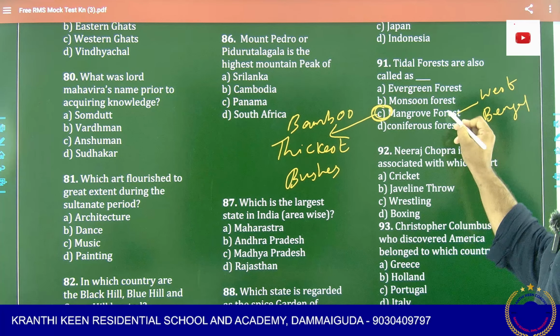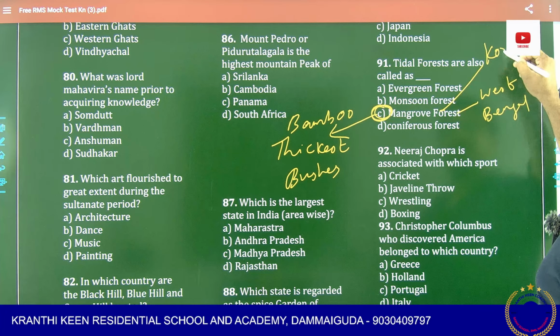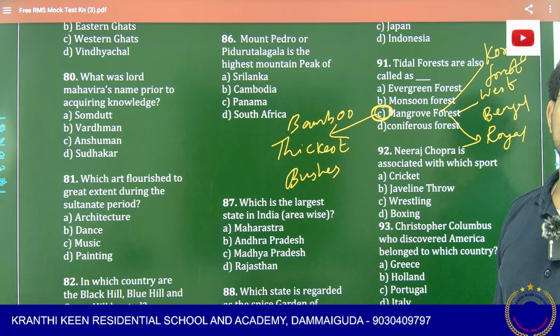This is the Koringa forest. In our Telugu states, only Koringa forests are mangrove forests. It is one of the tourist places in Andhra Pradesh. Next, our national pride, the national animal, the Royal Bengal tiger, is found in West Bengal only, in the mangrove forest.